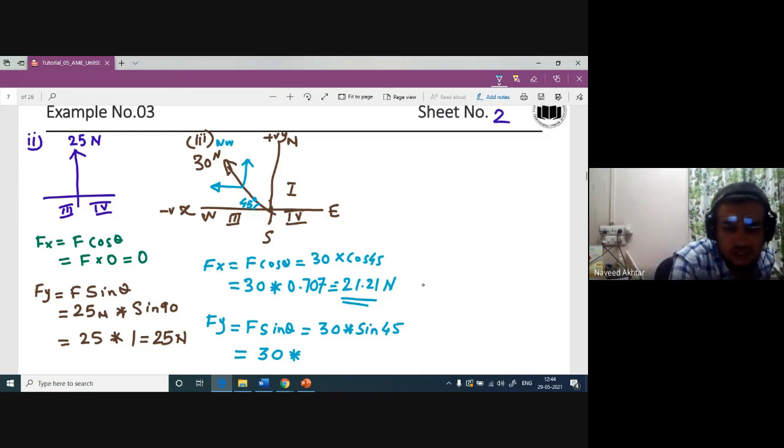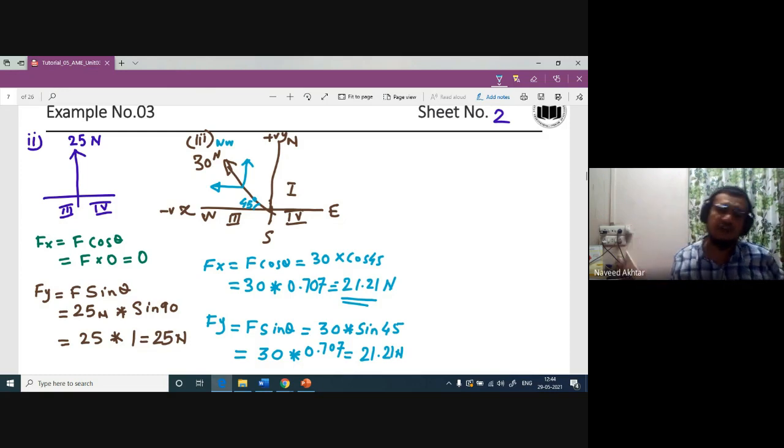The value will be 0.707, that is the value of sine 45, and the result is again 21.21 Newton. So this is the third force we have resolved. I think you understand this also.